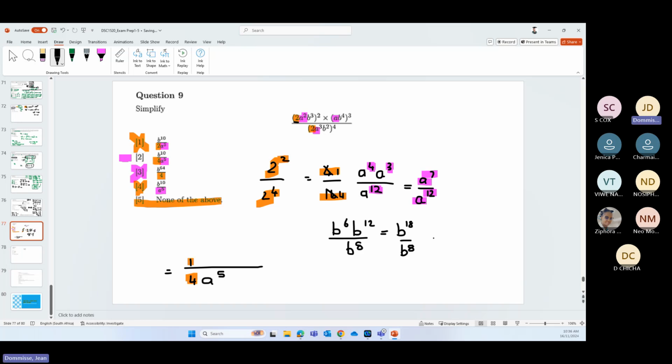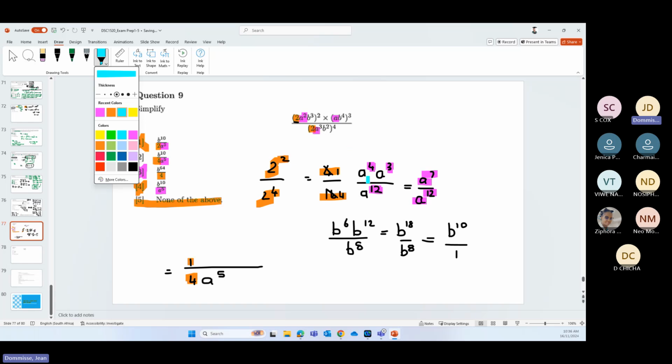b^8, so 18 minus 8, so we actually have a positive b^10 at the top. So again, let's do a bit of a different color.